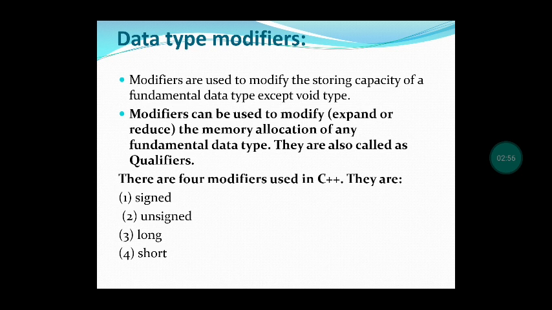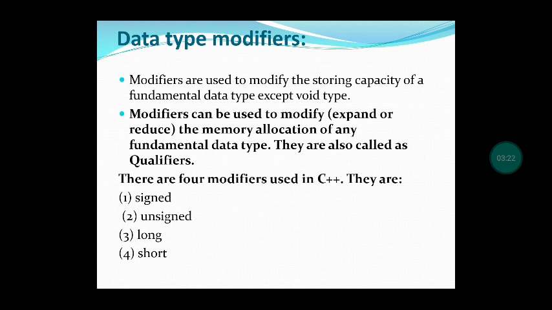Next, we will go for the data type modifier. Modifier means to modify the storing capacity of the fundamental data type. Except the void data type, the storing capacity of all the remaining data types can be changed by using a modifier. These modifiers can modify the memory allocation of a data type.